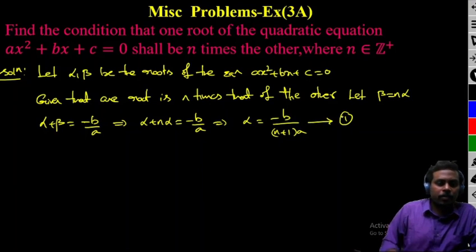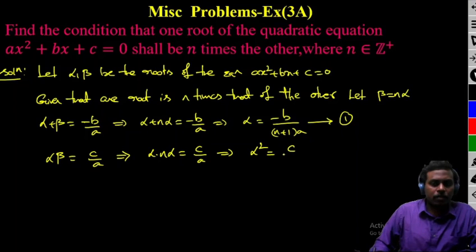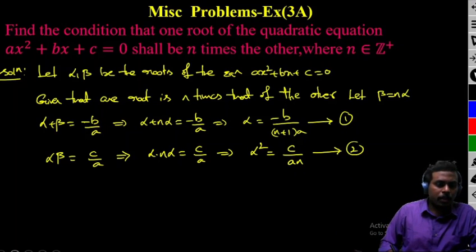Call it equation 1. Now we know the product of the roots is equal to c by a, implies alpha into n alpha is equal to c by a, implies alpha square is equal to c divided by a into n. We call it as equation 2.